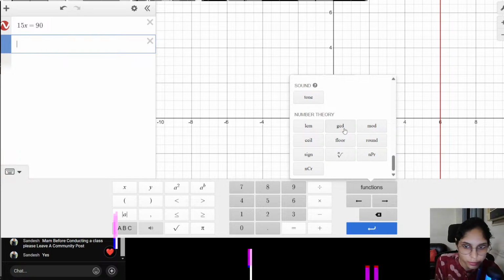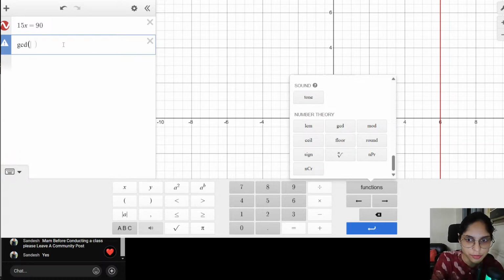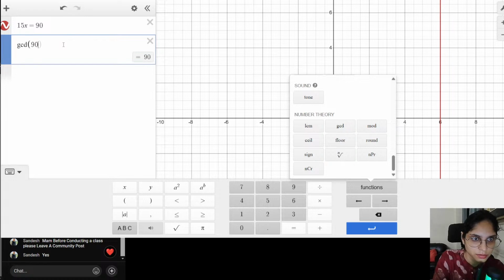You don't have to do any work. That's another hack for Desmos. That's very, very important. So when you write GCD, you have to write GCF. And you just have to write your numbers 90, 54. You're getting it as 18.